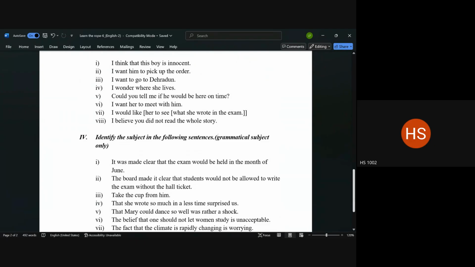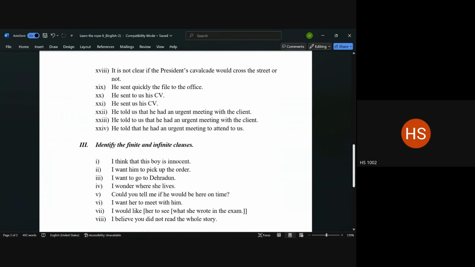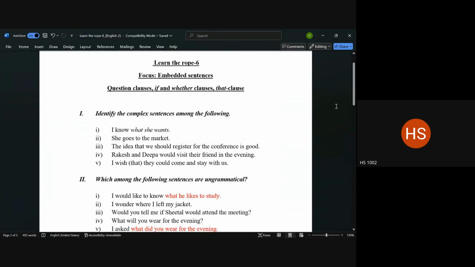It's basically just looking at whether the given. The only thing I want you to keep in mind is the one which I already discussed with you, this particular question, right? A lot of people, what they do in this kind of question is take the whole of this part as the subject. Okay.